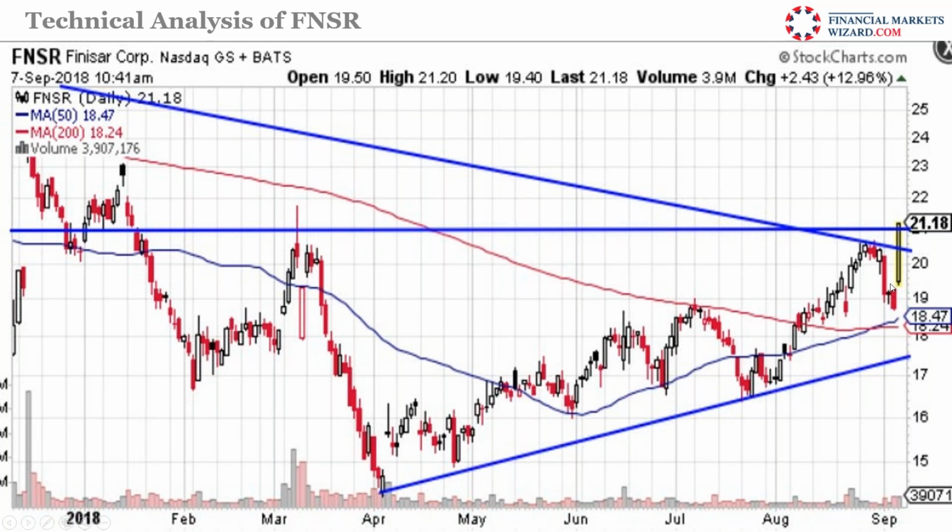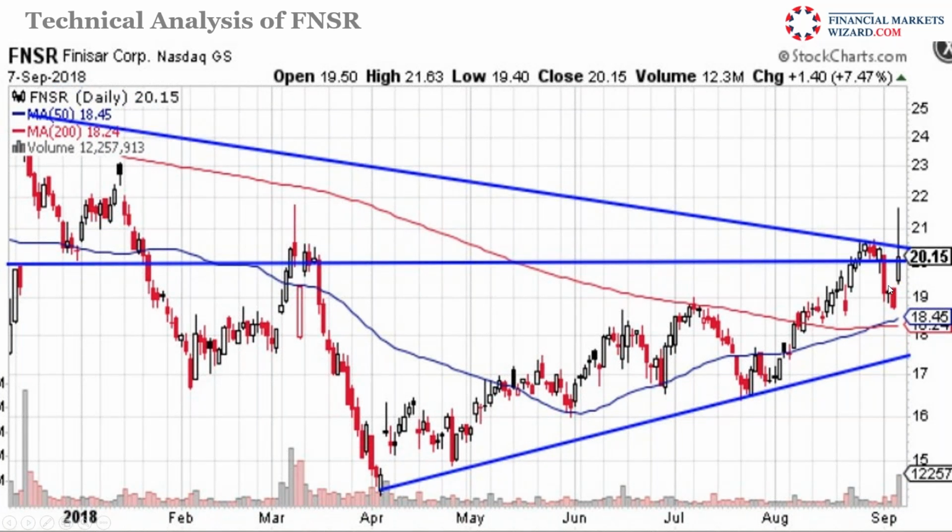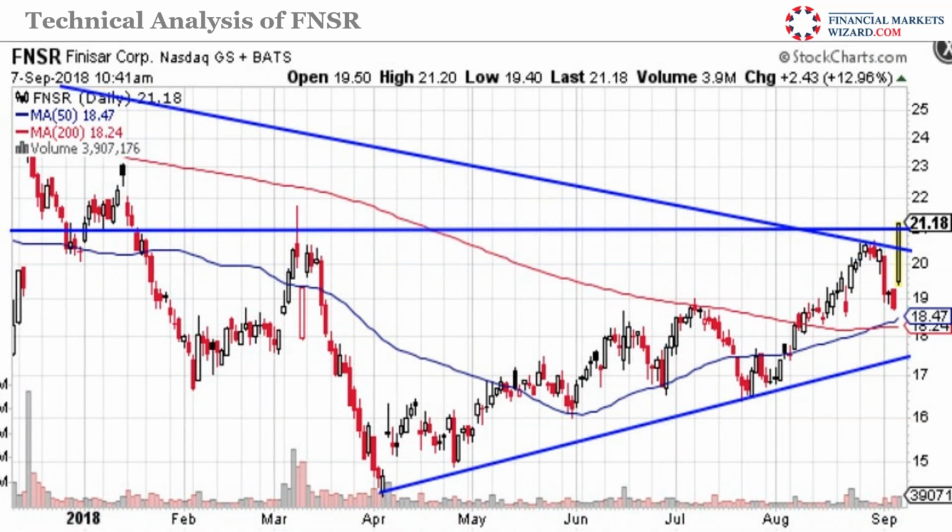When the stock breaks the resistance with this big bang, the chances are that it will continue, even if it pulls back intraday, because there's a buyer and seller fighting. Here the buyer took over, and later the sellers or some profit taking came, and the candle became like this at the end of the day. So it was looking like this, and it became like this.